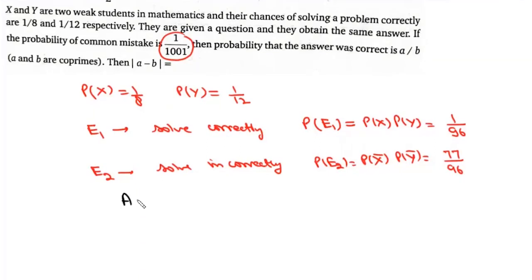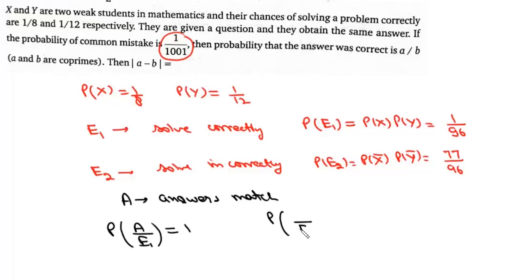Now let A be the event that their answers match. If both of them have solved the question correctly, then the probability of their answers matching will be 1. But if they have solved the problem incorrectly, then the probability of their answers matching is given by 1 upon 1001.